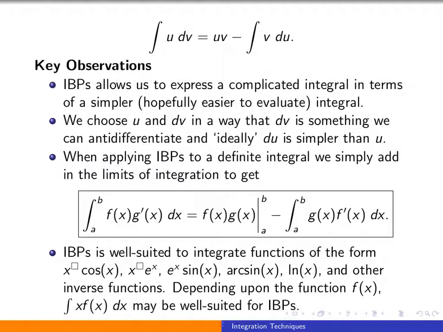Now, when we actually apply integration by parts, we have to choose a function for u and a function for dv. And whatever we choose for dv, a rule here is that it has to be something that we can anti-differentiate, because in our formula we see the integral of v du. Ideally, whatever we choose for u, the du is going to become a bit simpler.